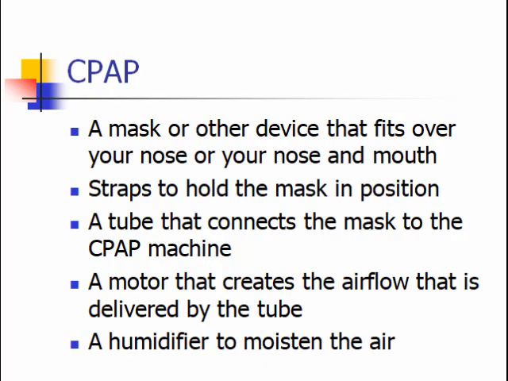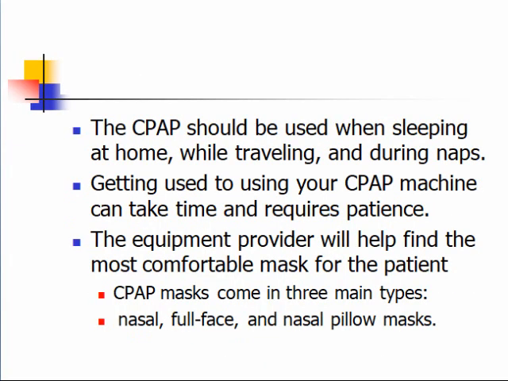There's often a humidifier to moisten the air so that you don't have this drying out of your airway. Once you have CPAP, you should use it when you're sleeping at home, when you're traveling, even when you're taking naps. It'd be helpful to keep those airways open and keep the oxygenation going.